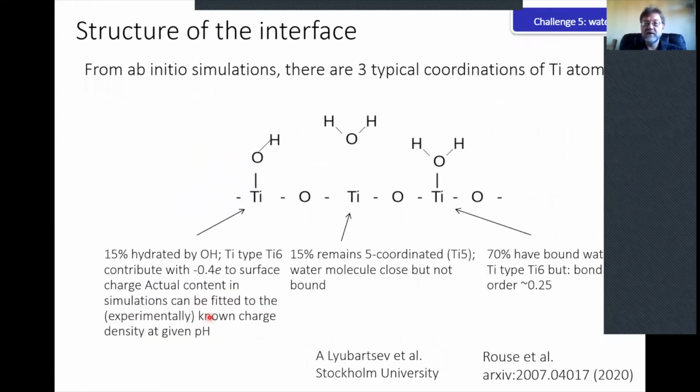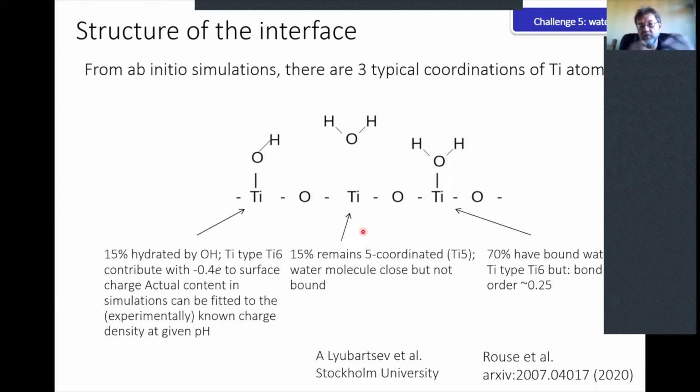First thing is different coordination, different atom types that arise from that. And you can see for titanium, there can be 3 different types, some hydrated ones with the water attached, some hydroxylized and some just uncoordinated with water sitting on the surface, and the bulk atoms as well.